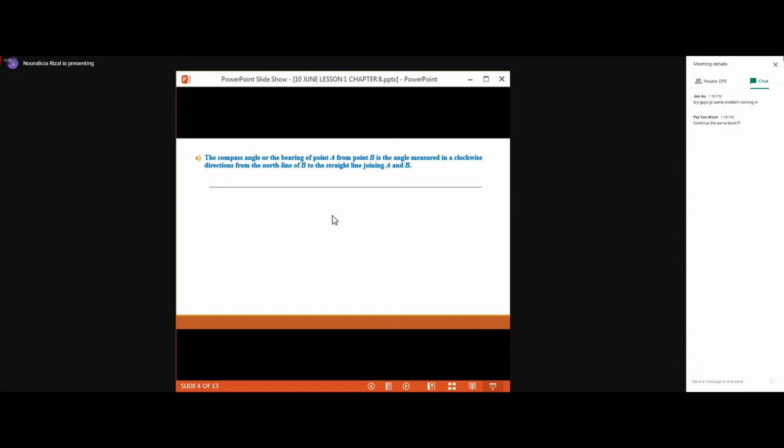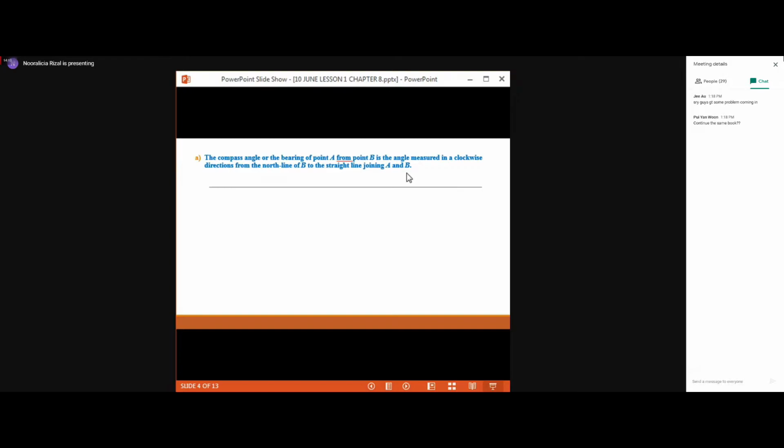Next important point. So you have the first point. This is your second point here. The compass angle or the bearing of point A from point B is the angle measured in a clockwise direction from the north line of B to the straight line A and B. Okay.